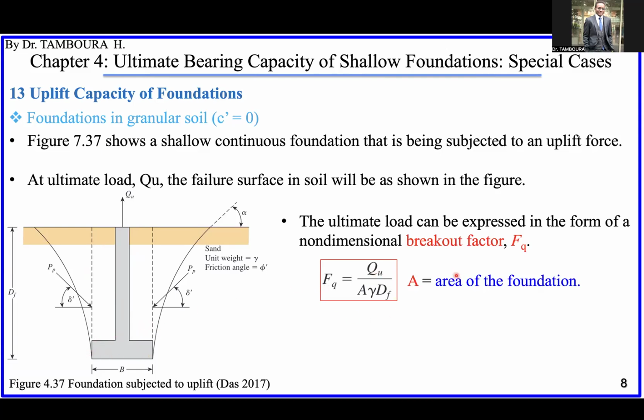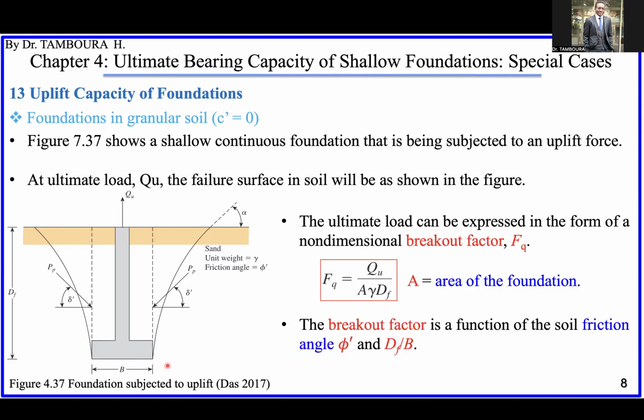Anyway, this A is not the width as we used to do in the previous part of this chapter. Not B. It is the area. So it is B multiplied by maybe L, the length of the foundation. Gamma, I think you know already, is the unit weight. It's written here. And DF also I explained, the depth.